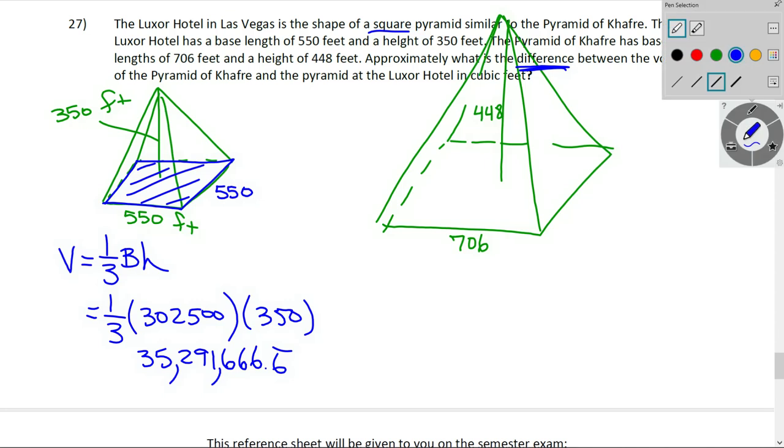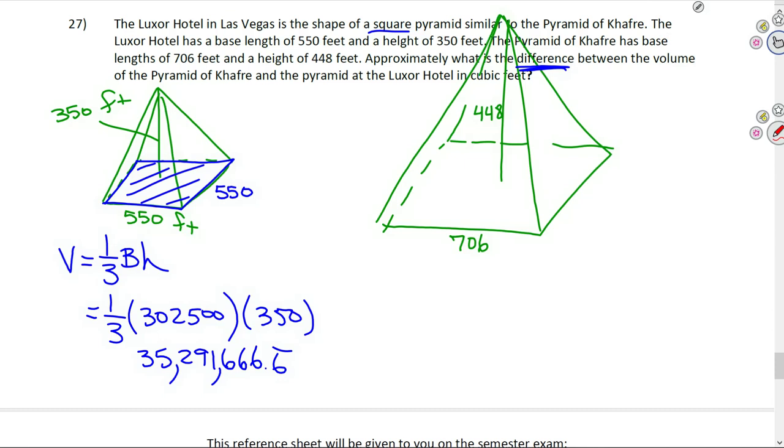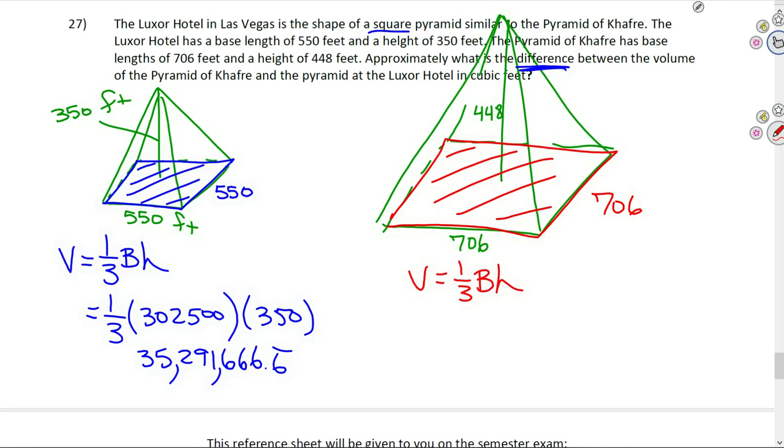The pyramid of Khafre is very similar. The volume is 1/3 the area of the base times the height. Again, the base is not 706, but it's a square that's 706 by 706. So 706 times 706 is 498,436 square feet, and the height is 448.